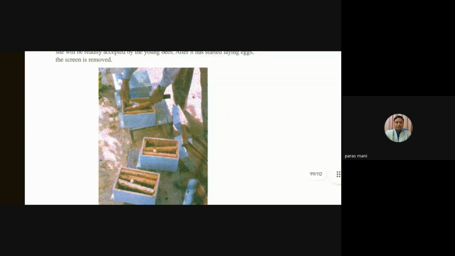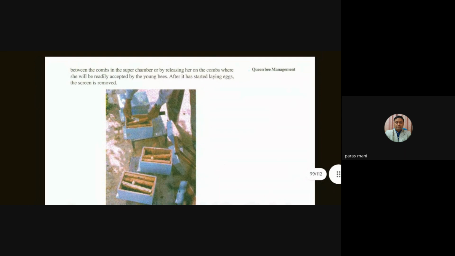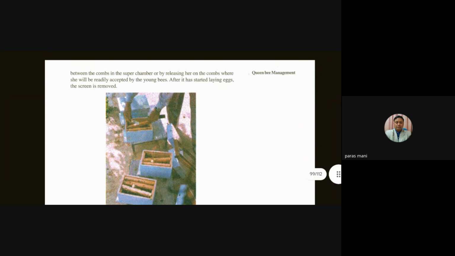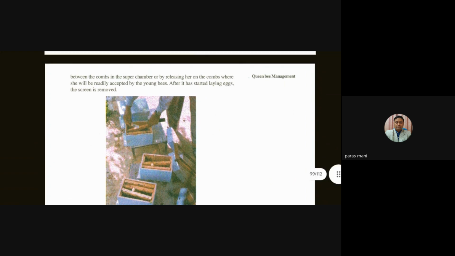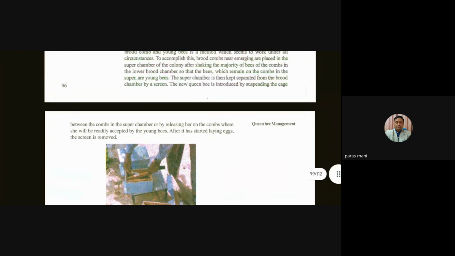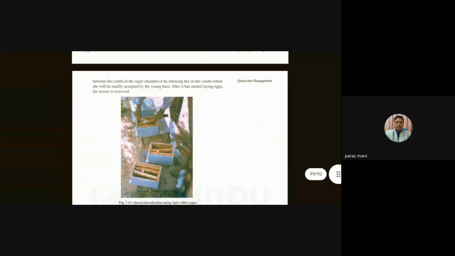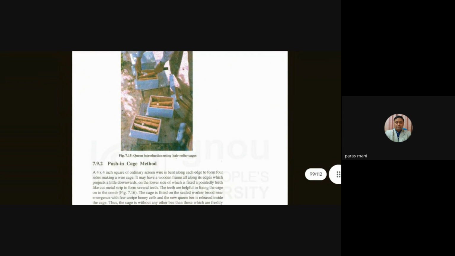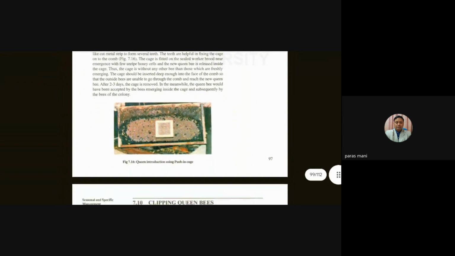To let it adjust, we will leave it for a few hours or a day. Then it will be adjusted in a few days. There are different methods.